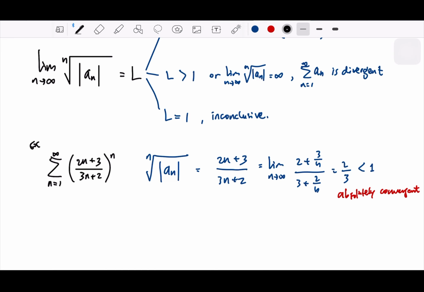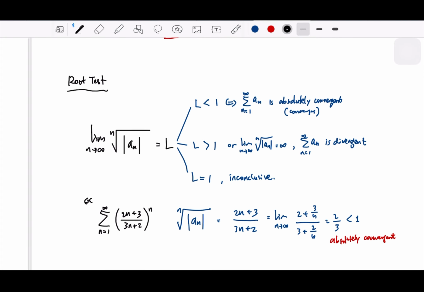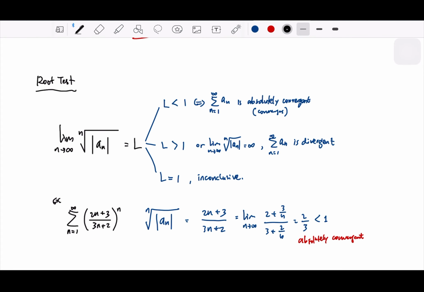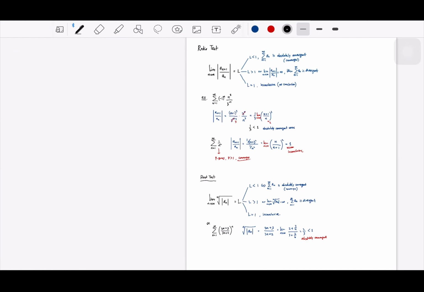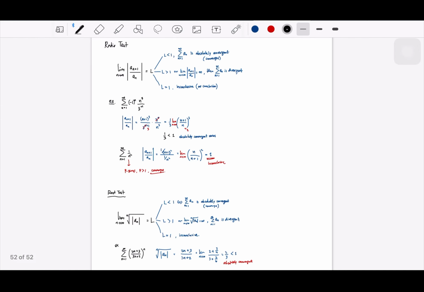And this will lead us to some strategy for testing the series. So let me do some review on how we can take this testing as a guidance, a strategy.